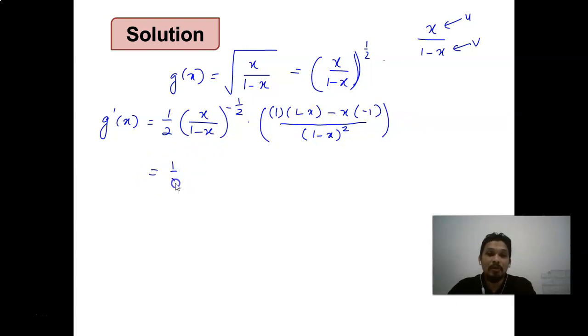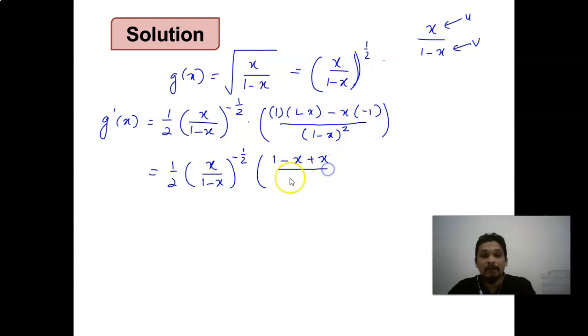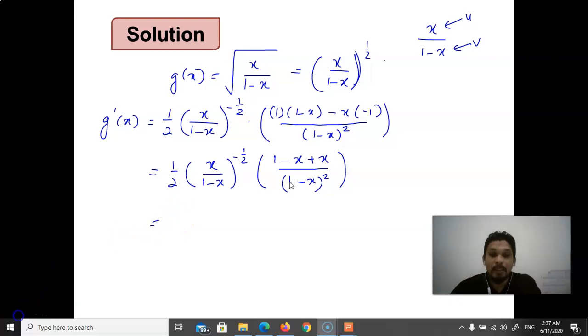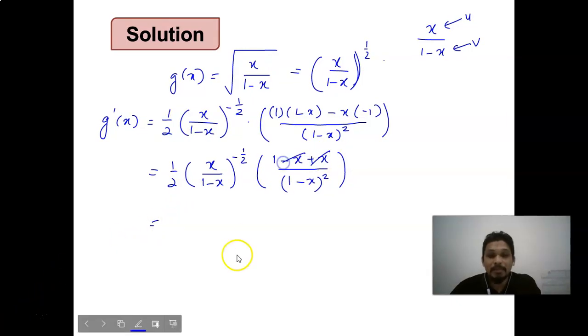So now 1 over 2 times (x divided by 1 minus x) to the power of negative 1 over 2. 1 times 1 minus x, then negative x times negative 1, positive x, divided by (1 minus x) squared. Now x minus x cancels, only 1 is left here.